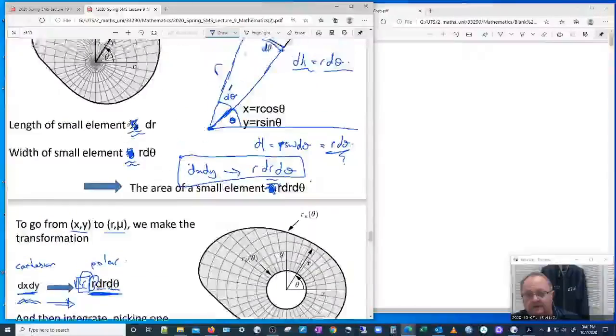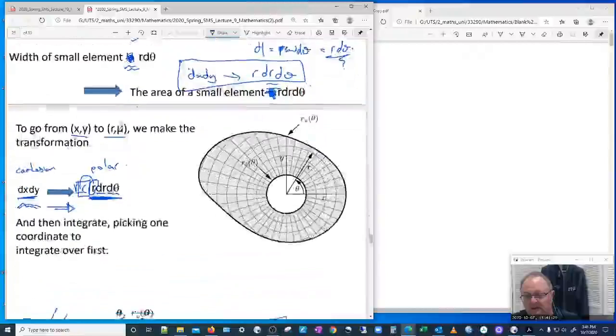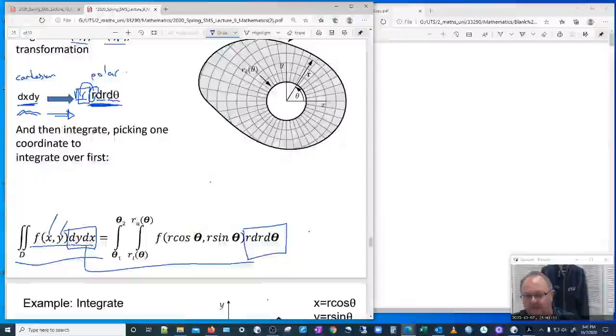If you look at the definitions that you learned back in high school, x is r cos theta and y is r sin theta. So we just make those substitutions. r cos theta, that's your x. r sin theta, that's your y. So we do this substitution, if you like, of equivalent forms.